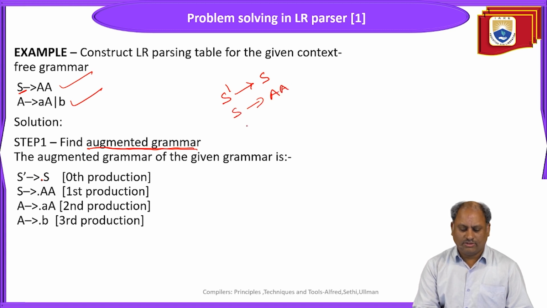So here we have included S dash derives S, and the remaining productions as they are. Like this, we have implemented this set of procedures. Now, for the first production, we can write it individually, that is A derives B. For this we have to include a dot.